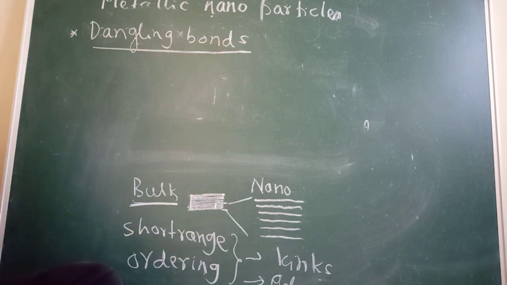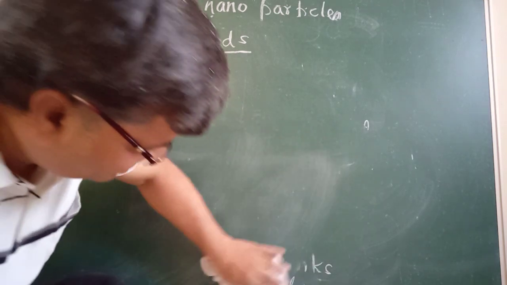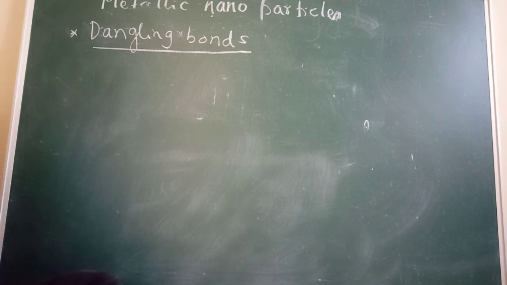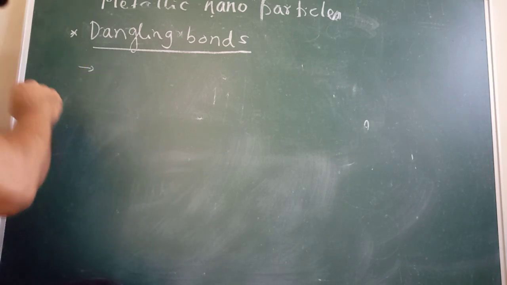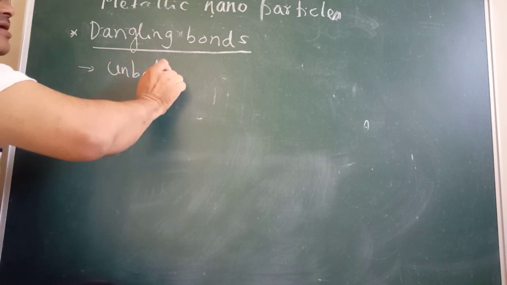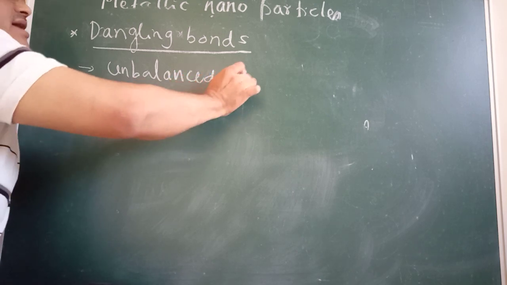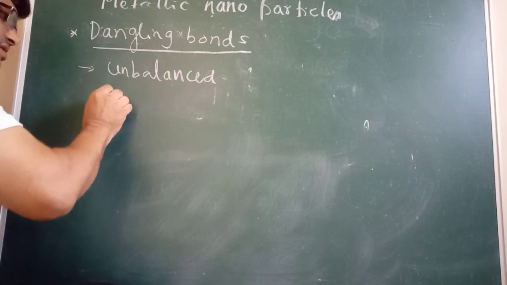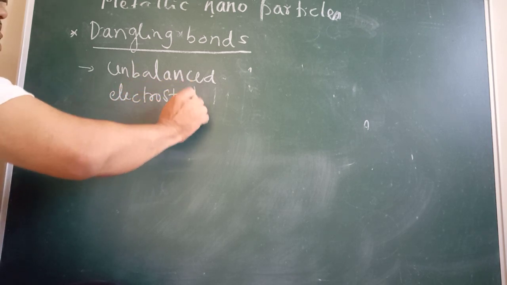What are these dangling bonds? In the case of any nanomaterials, we know they have a large surface to volume ratio. This happens due to the unbalanced electrostatic force.